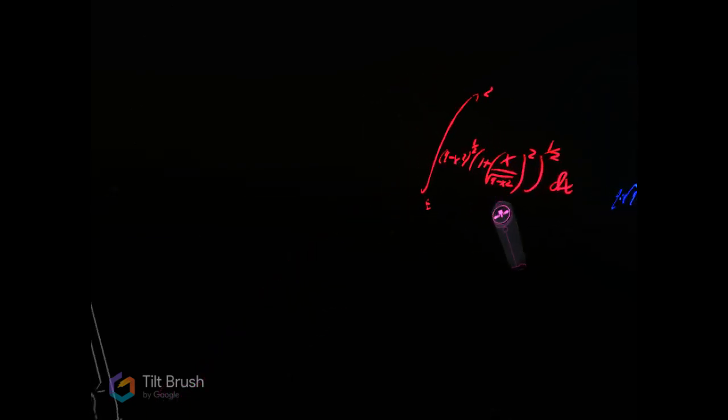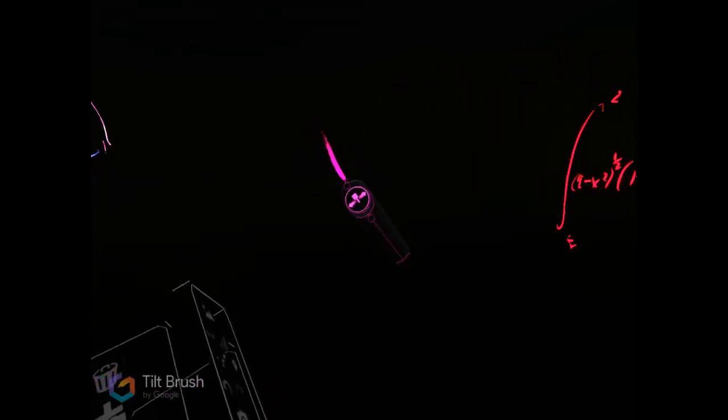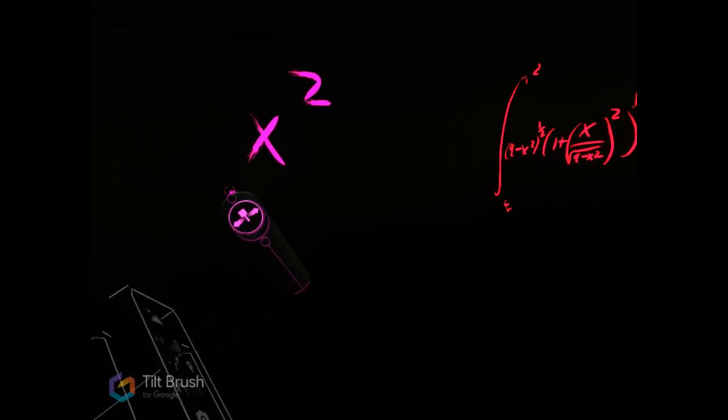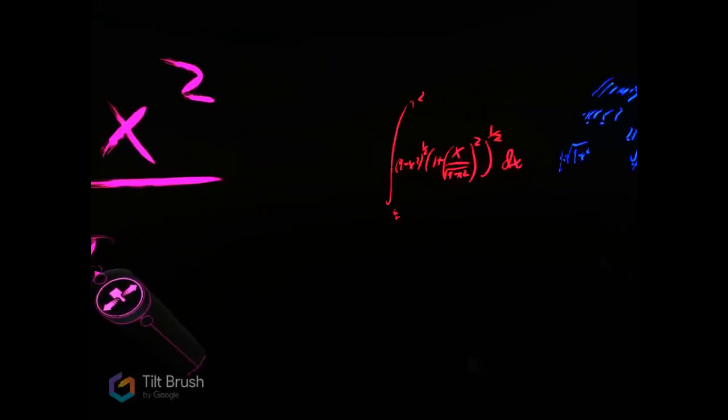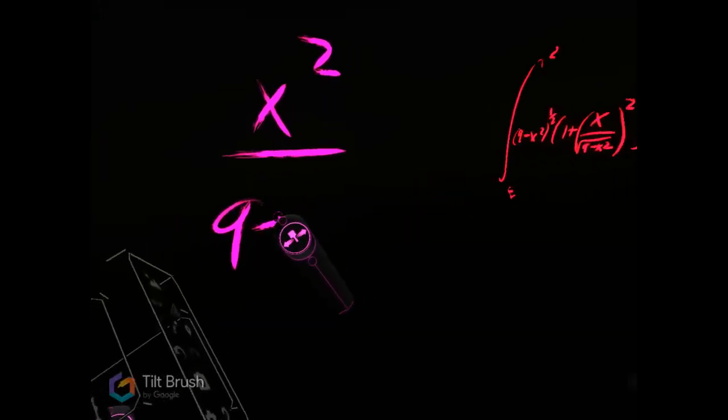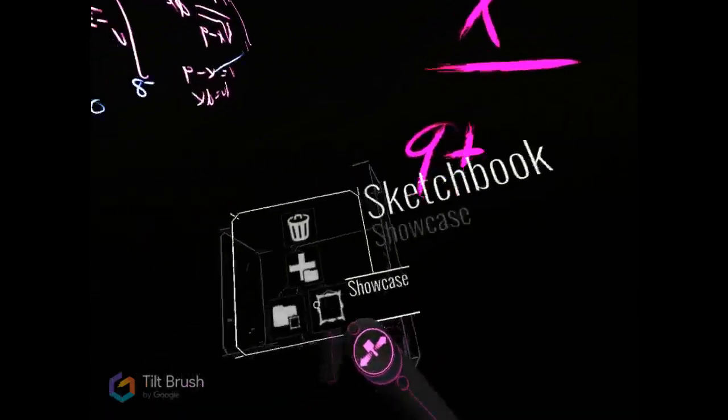So yeah, over there, the square, so I get x squared, 9 minus x squared.